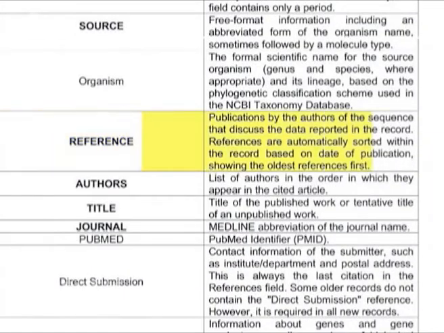Reference. Reference describes all the publications by the authors of the sequence that discuss the data reported in the record. References are automatically sorted within the record based on date of publication, showing the oldest references first.